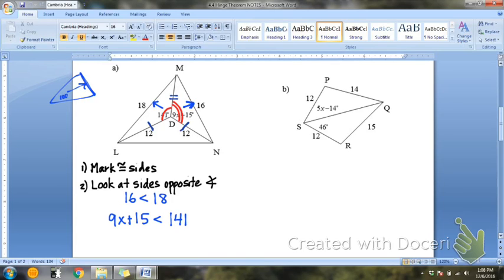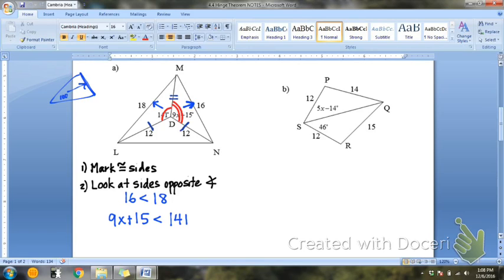So if this side, 16, is smaller than this side, 18, then this angle across from 16 is smaller than this angle that's across from 18. So that's how we are able to write 9x plus 15 is less than 141. Go ahead and write that out. 9x plus 15 is less than 141.